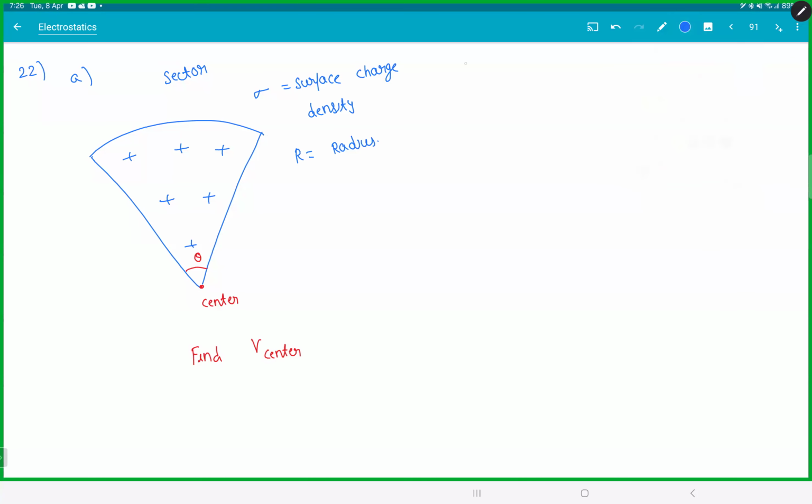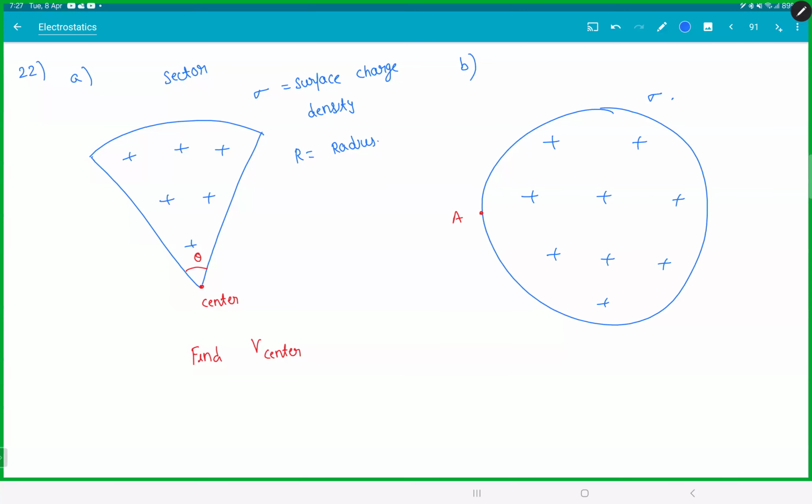This is not the actual question. The actual question is this. What if you have a full disk? And let's say A is a point on circumference. Find potential at A, the point on circumference.